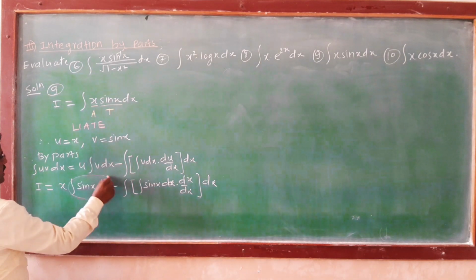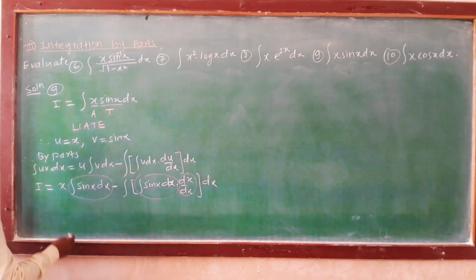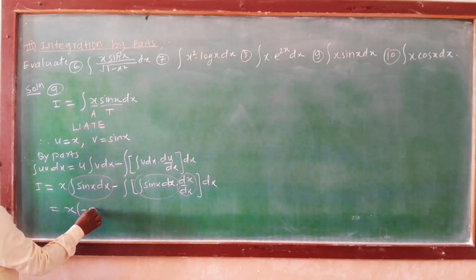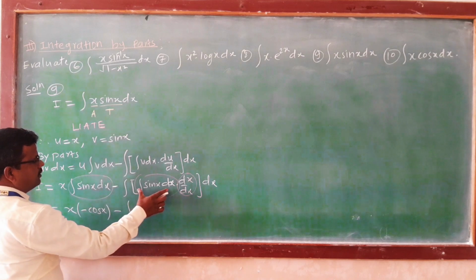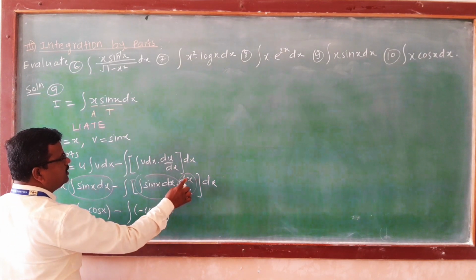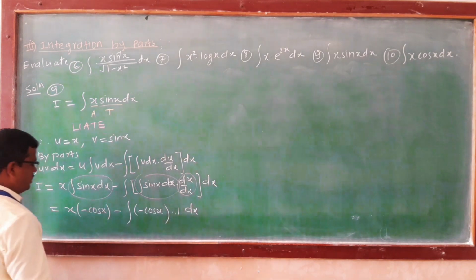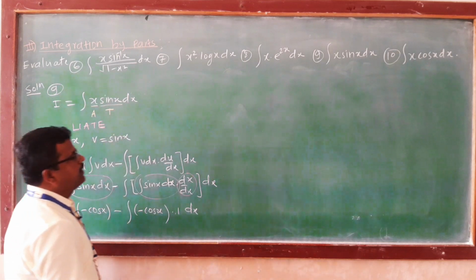So we write here integration of sin x and derivative of x, which is equal to x into integration of sin x, which is minus cos x, minus again integration of sin x, which is minus cos x, into d by dx of x, which is 1, with respect to x. So take the product of this minus minus, take the minus sign here.